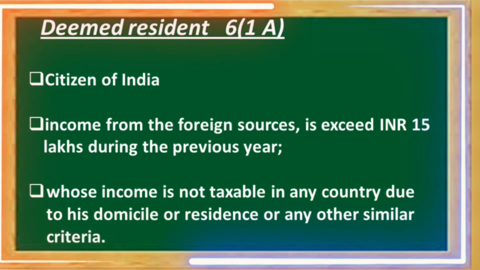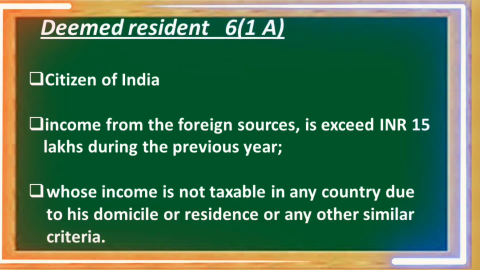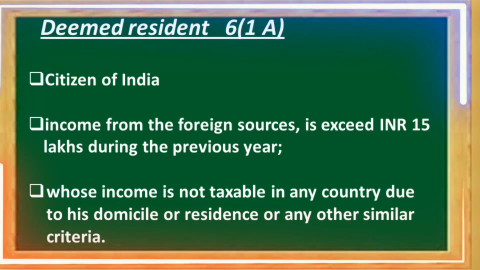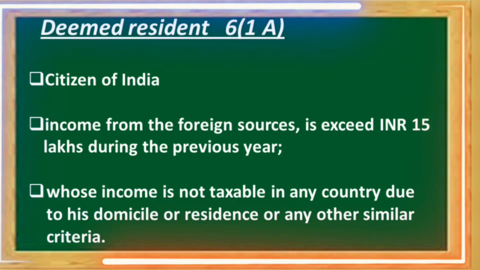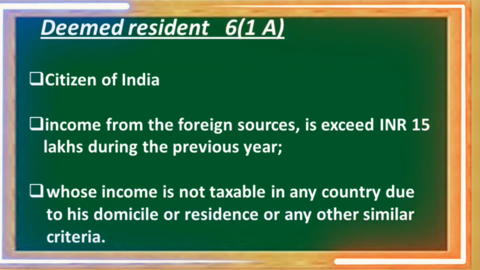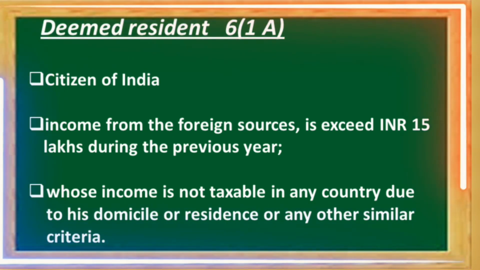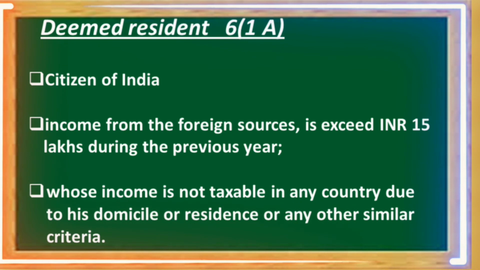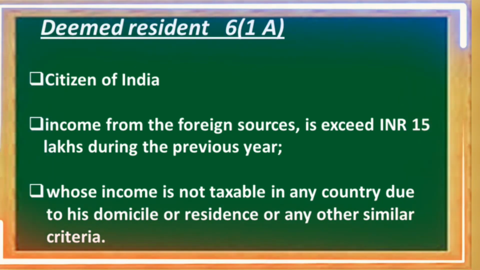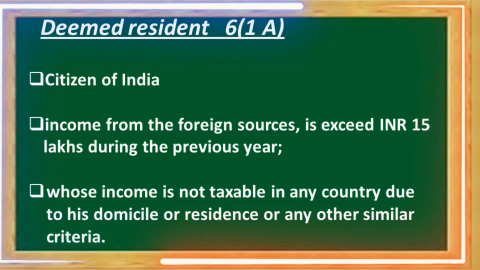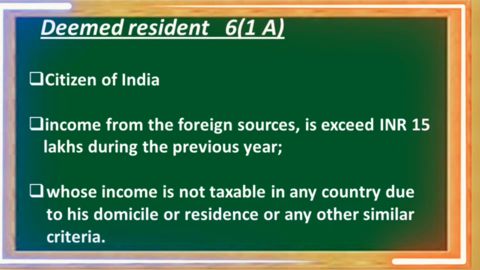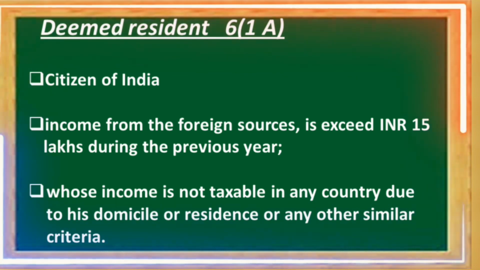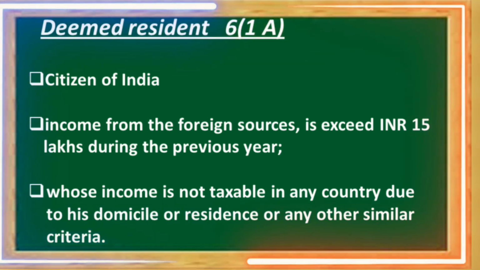Next, we can discuss deemed resident. As per the amendment from the assessment year 2021-22, the concept of deemed resident has been introduced under section 6 subsection 1A. According to this, a person shall be deemed to be resident in India if the following conditions are satisfied.